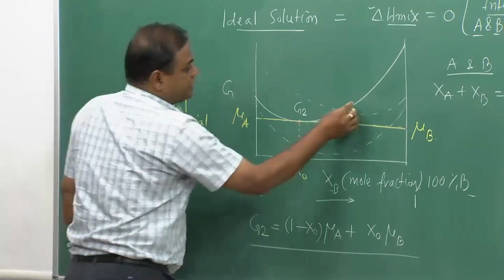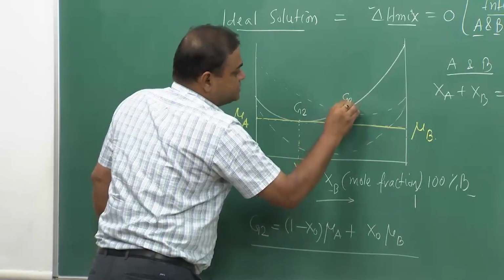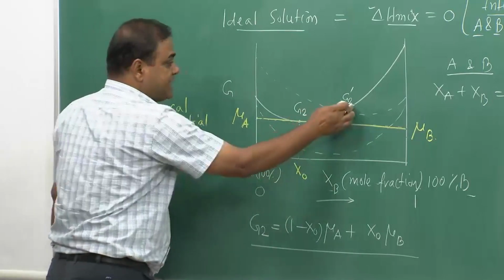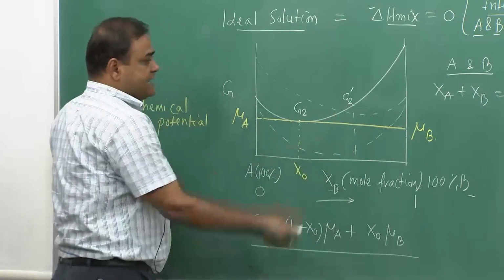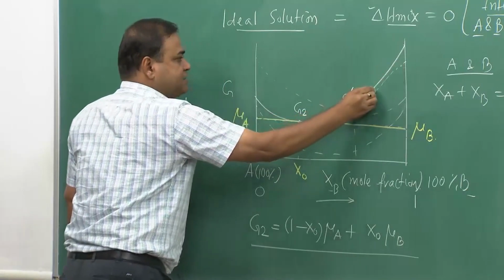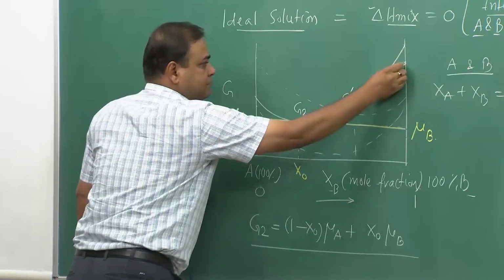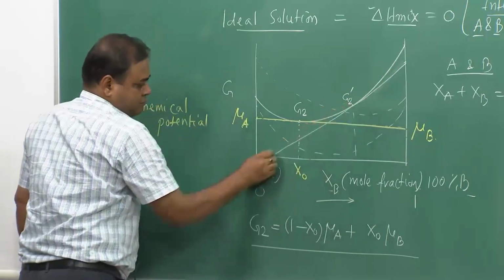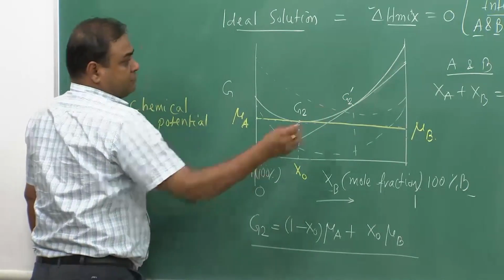Now, if I try to find out the value of G2 prime, that means the free energy at this composition, again I have to draw a tangent on this line, at this point, and it will cut here.